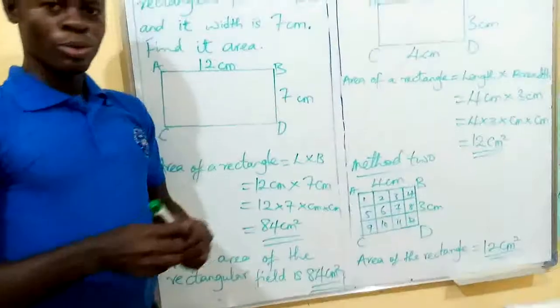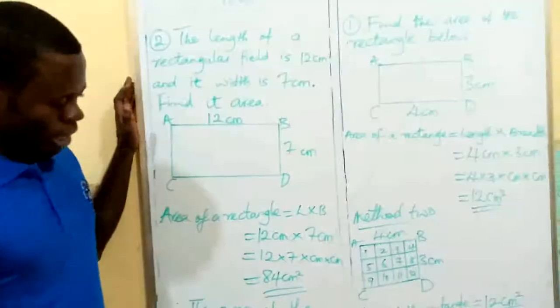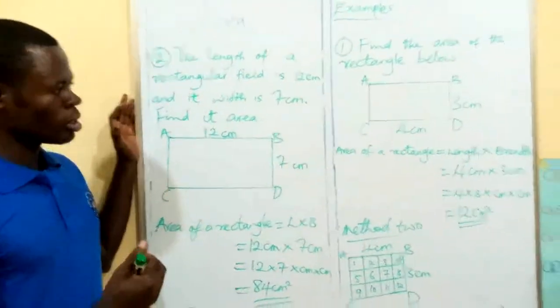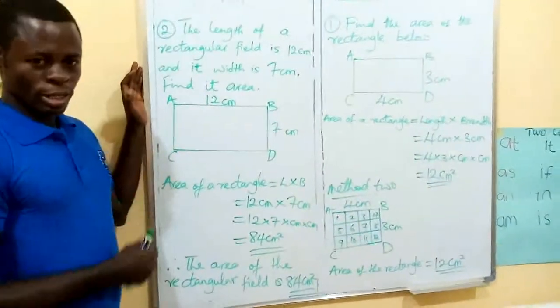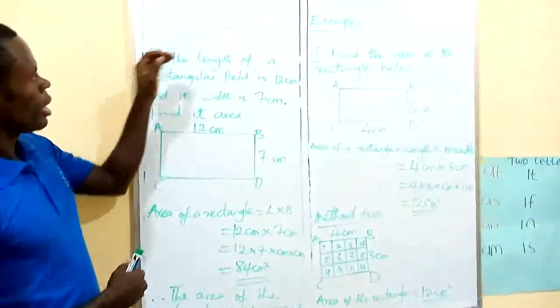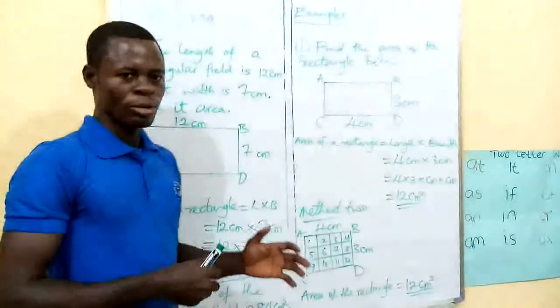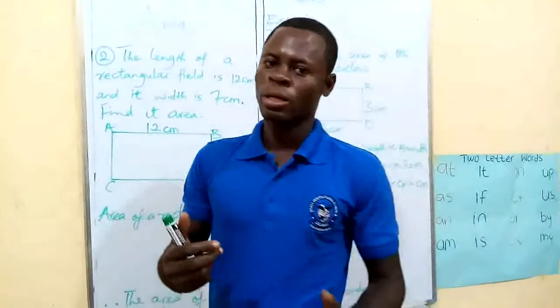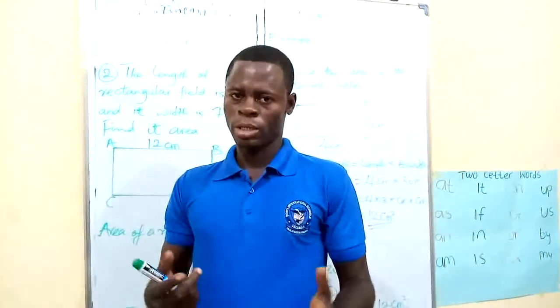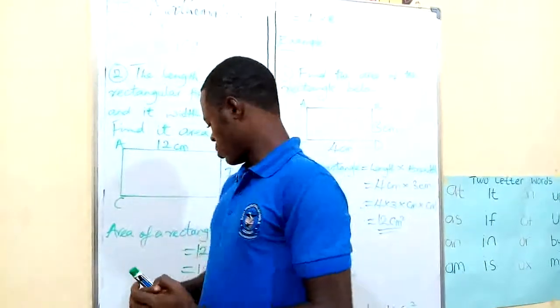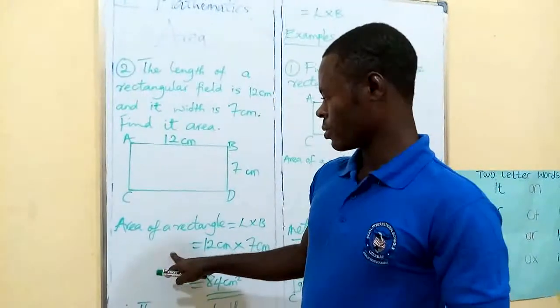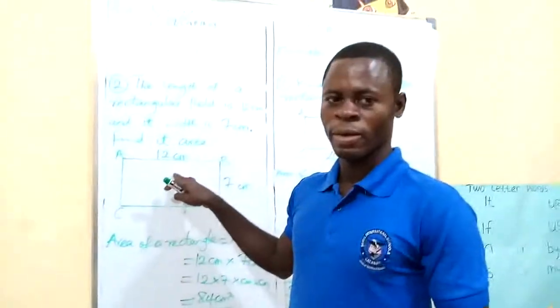Alright children, I hope you were following and you've understood all that we did under area and the area of a rectangle or rectangular object. We are going to end the lesson here.